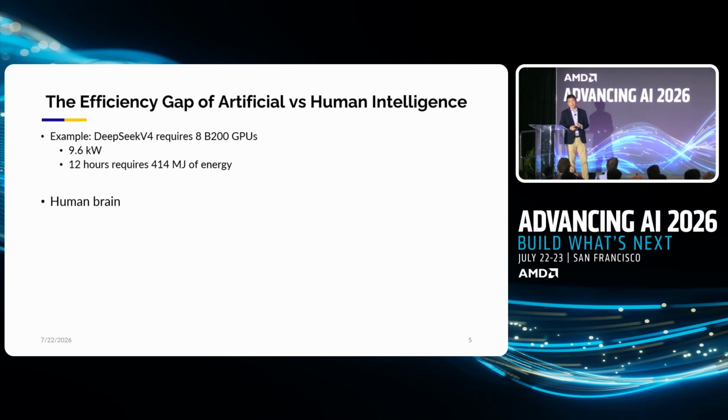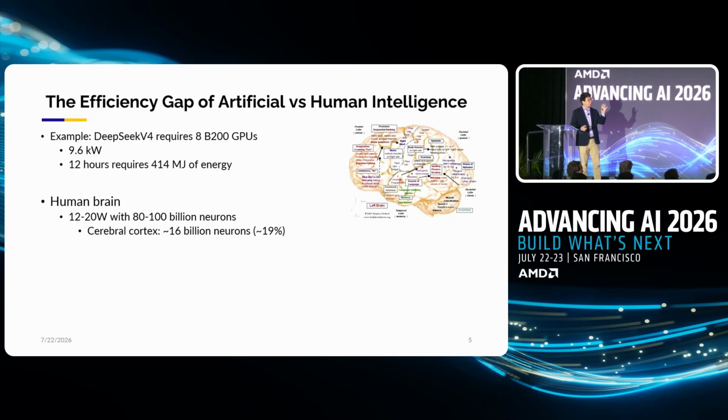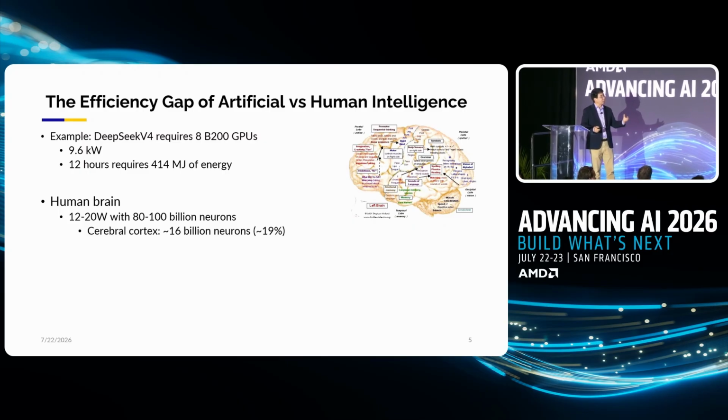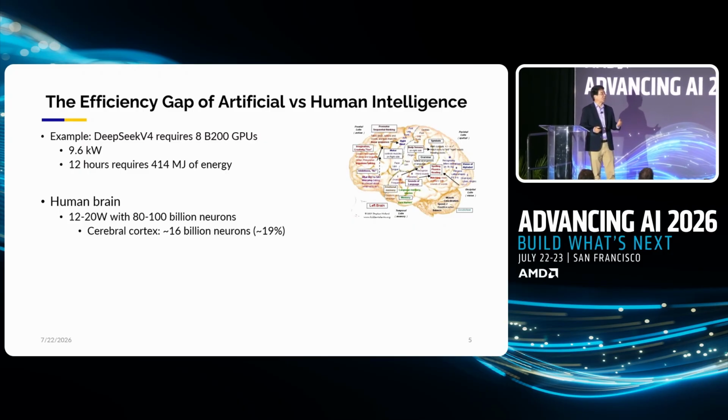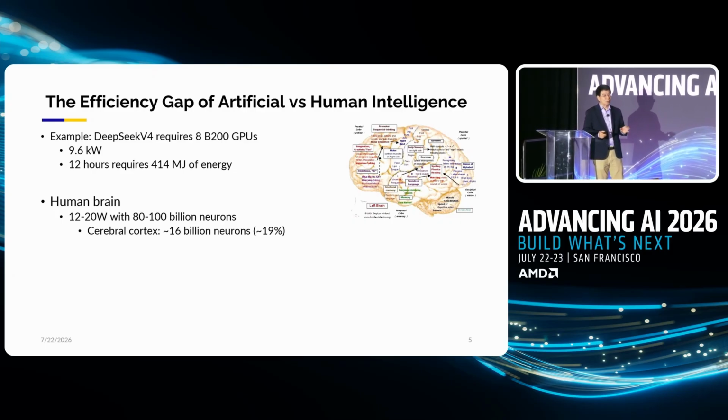Now take the human brain, like yours and mine sitting here. The brain works at about 12 to 20 watts, with 80 to 100 billion neurons. In fact, my friends in neuroscience correct me: not all of these 100 billion neurons are responsible for intelligence.